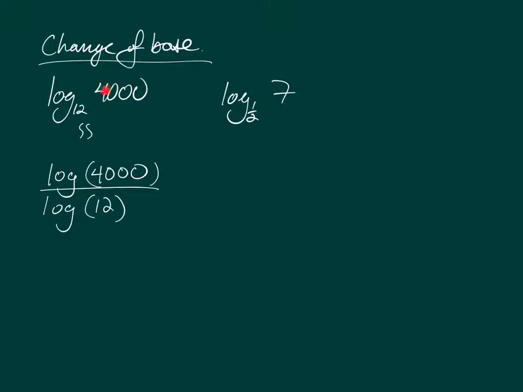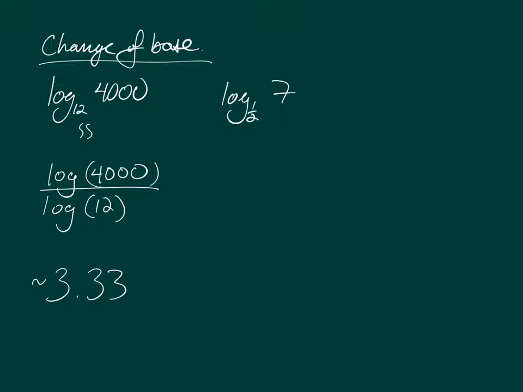So write log of 4,000 over log of 12. And when you do that, you just need to type this expression into any calculator that has log capabilities and get about 3.33.